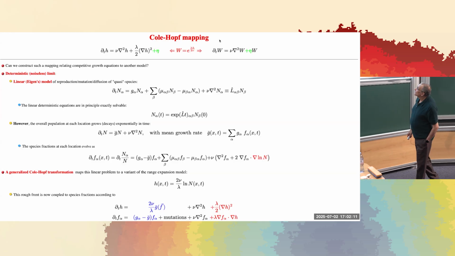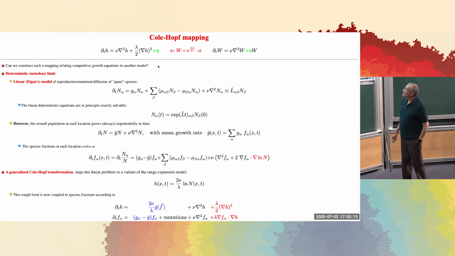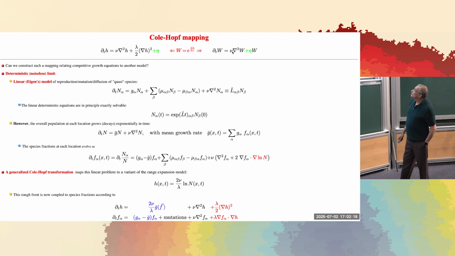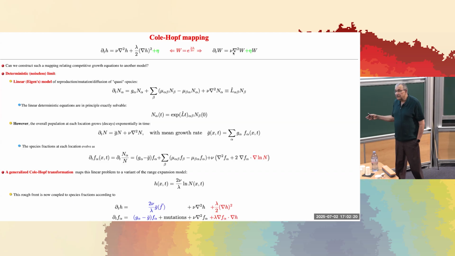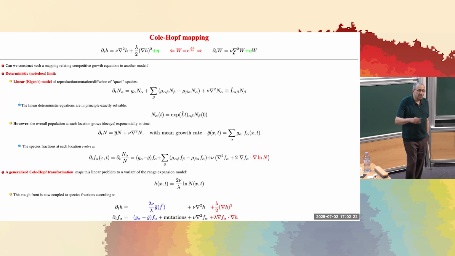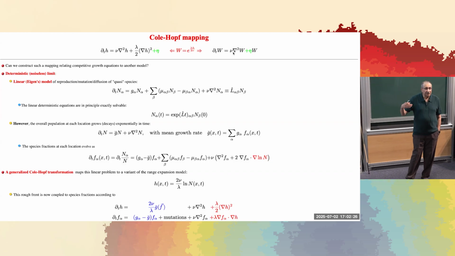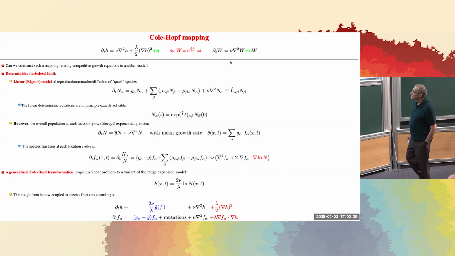So what this transformation allows us to do is, since I can solve W from some initial condition, I can calculate what the evolution of a height profile is in the absence of noise if I start from some initial condition.